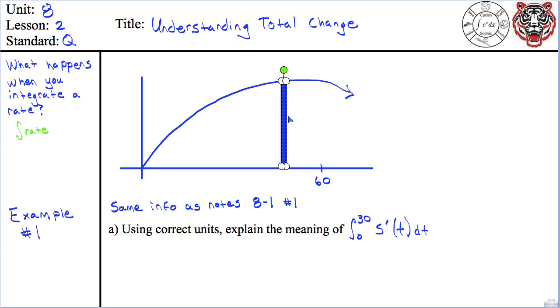So I'm really analyzing this bar, and I should drag this off to the side to talk about him. So this is the same bar over here. What were our units for rate? What is the height here? What is this distance here?